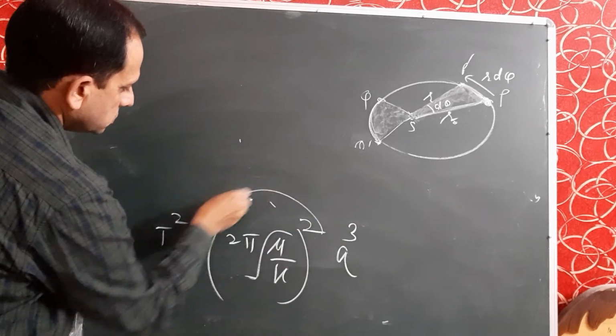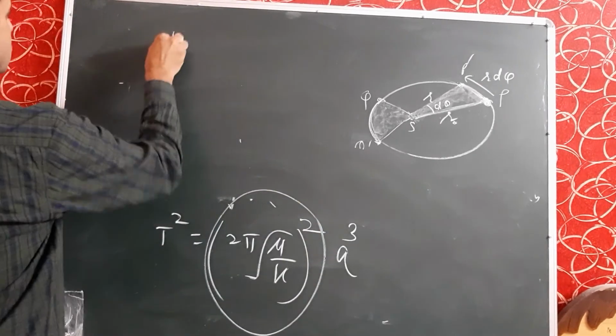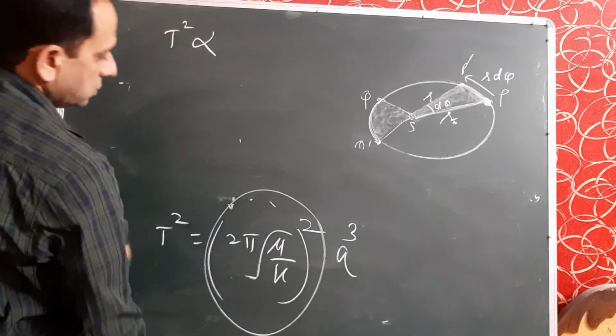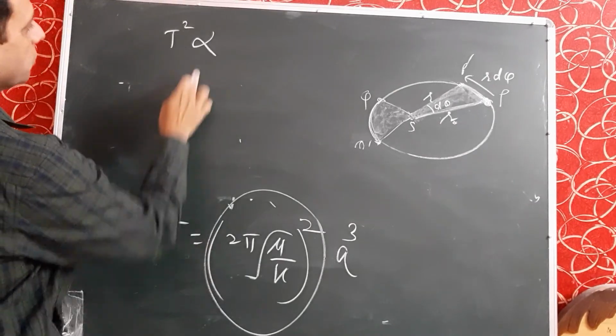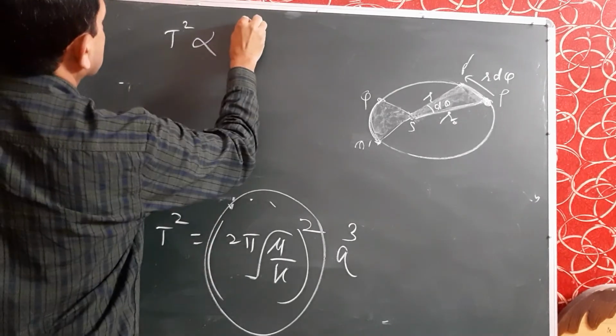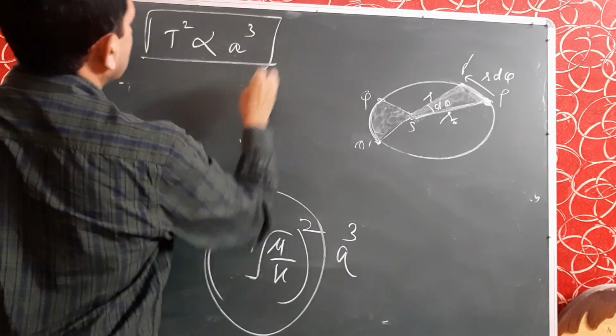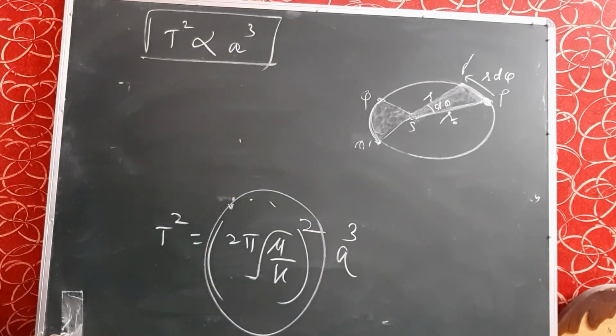All these are constants, so we may write this constant as proportionality. T square is proportional to a cube, where this is constant. So this is the third law. In this way we have proved all three Kepler laws by using the concept of motion of a body under inverse square force. Thank you very much.